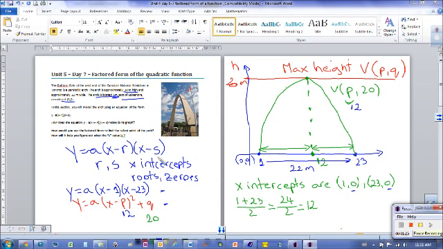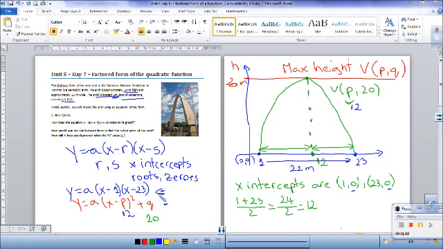Now let's think about what point we have to choose for which form of the quadratic function. In the factored form, if I choose one of the x-intercepts, what's going to happen to my whole expression? If I choose 1, the first bracket is going to become 0, and then A will disappear. So I can't use any of the x-intercepts in the factored form. The point that I want to substitute in the factored form is the vertex, 12 and 20.